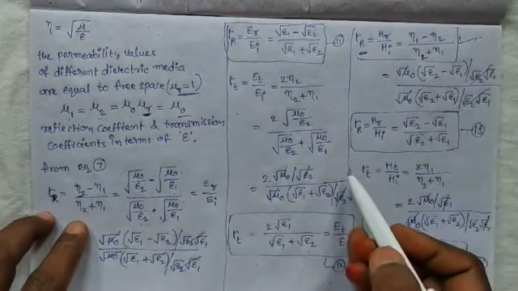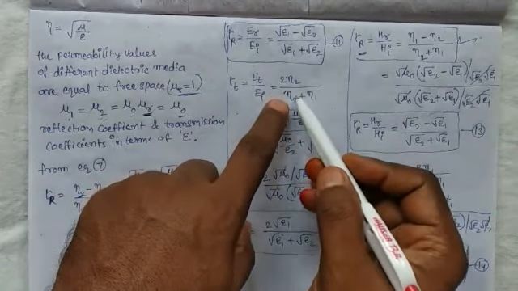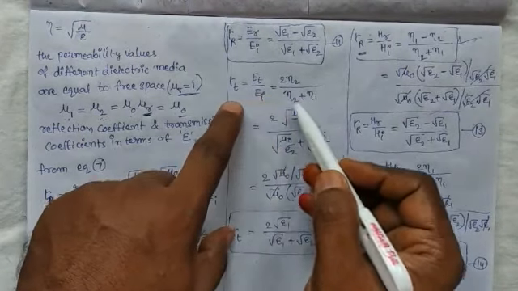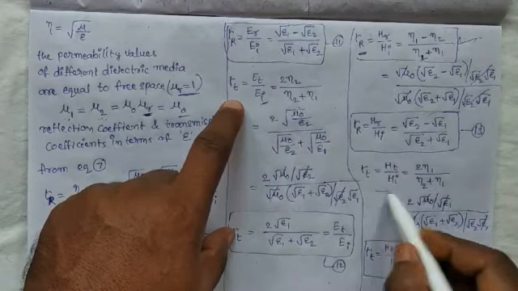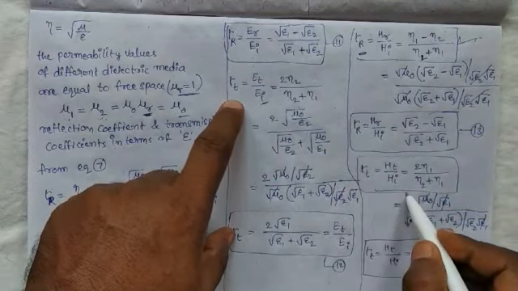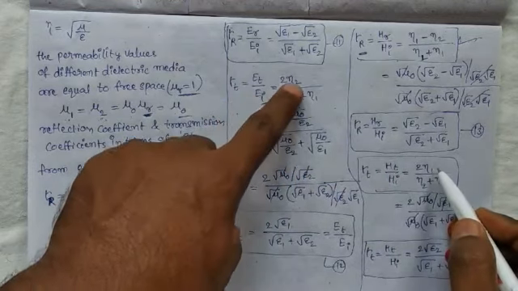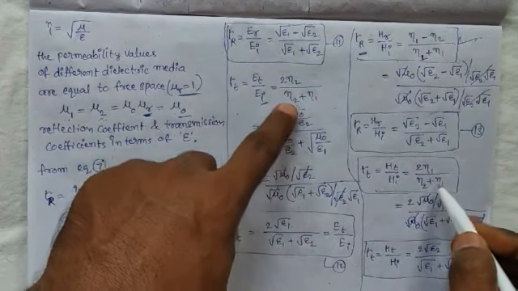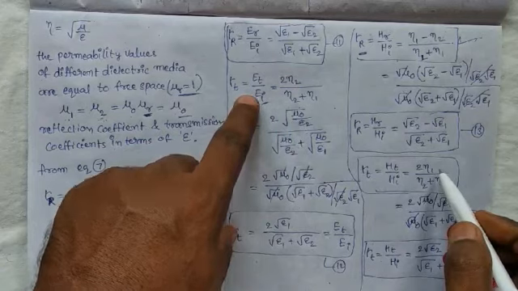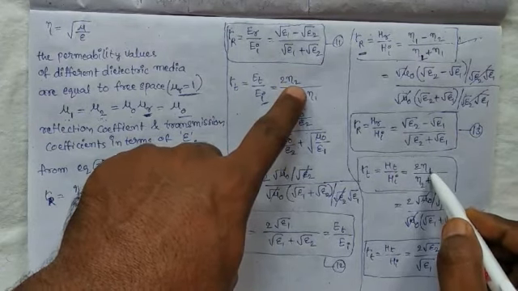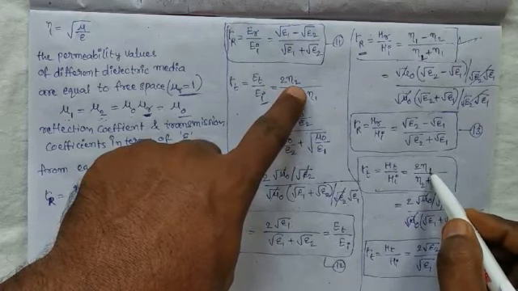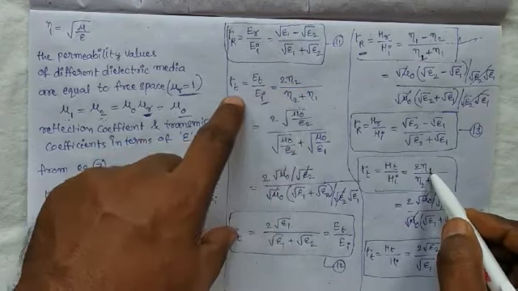Similarly, for the transmission coefficient, 2 eta 2 by this is in terms of the electric wave, and this is in terms of the magnetic wave. Here is a small difference: the denominator is the same. In terms of electric field we take eta 2, just interchanging the subscripts of these two equations.